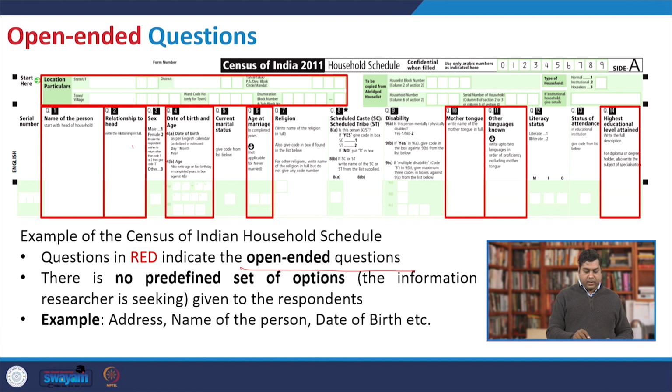Then relation to the head. Suppose in a household survey we first write down the head of the family, and then we gather other information with respect to the head.